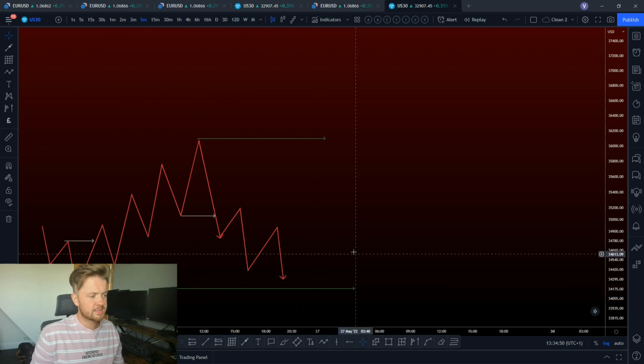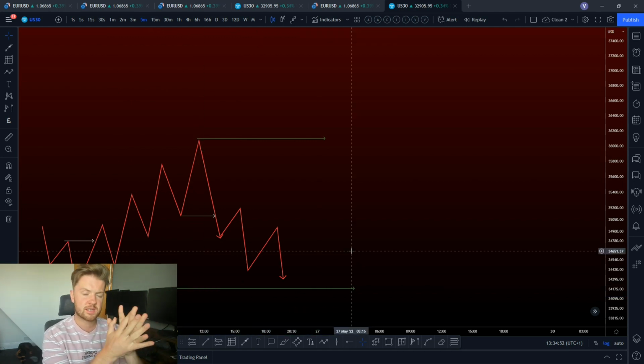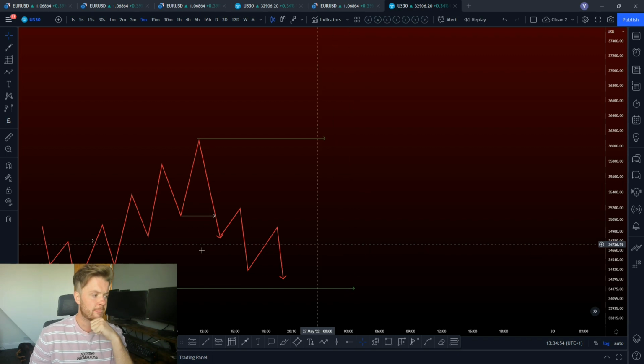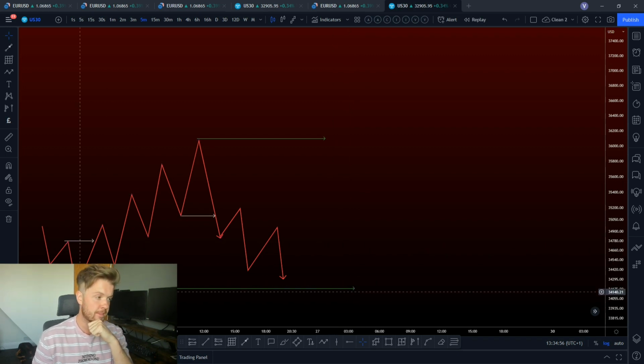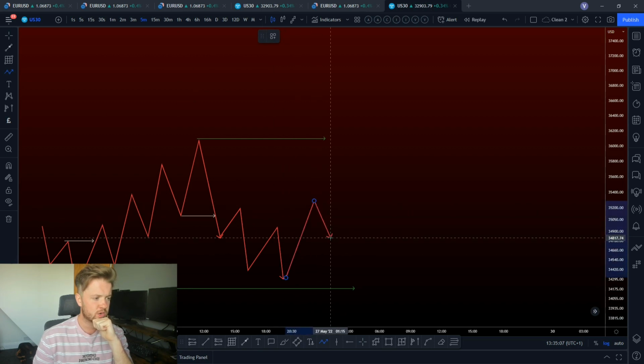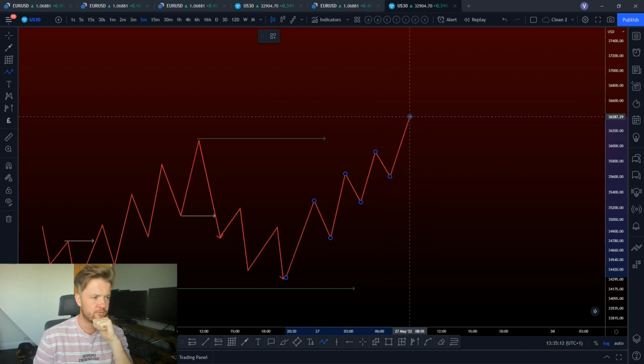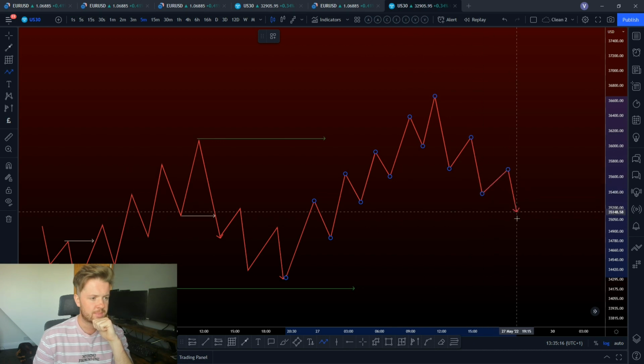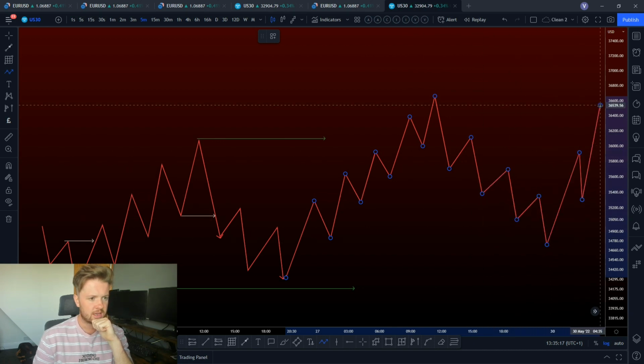What you'll find, guys, is if the higher time frame order flow is bullish, this swing low won't get broken. This swing high will get broken. So this will be protected and price will break out of structure again. Order flow will reverse on the current time frame and price will break upwards. And then the same will happen again to the downside, and so on.